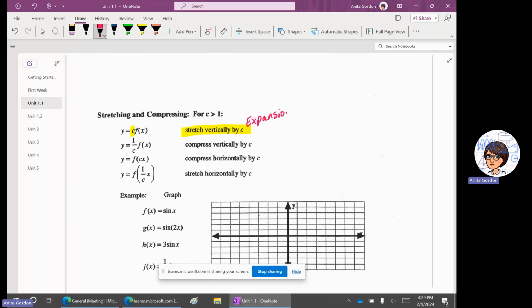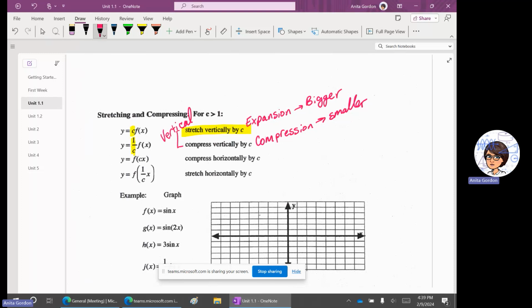It's getting bigger. If we are putting a coefficient less than 1, so it's 1 over something, this would be a compression. And also I should specify, so this is getting smaller, both of these are vertical.